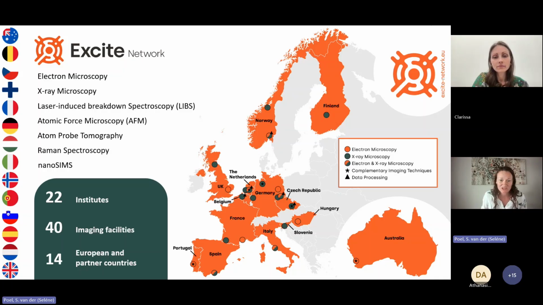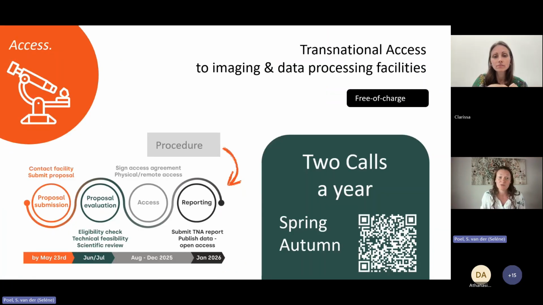So how it works to gain access, because you can get access to these facilities as well, is that we work with 2 open calls a year, in spring and in autumn. And here you see a timeline of the one that we just had. It is closed. And it will take a couple of months. Then you can submit a proposal.